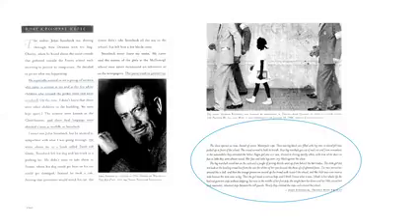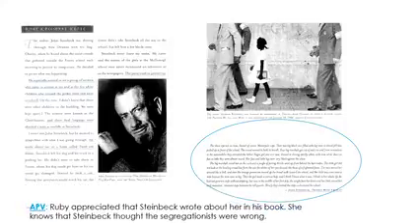So I think when we think about all of this, and we think about that juicy caption that we read, that excerpt from Travels with Charlie, I think that Ruby feels that John Steinbeck actually empathized with her and cared about her. So Ruby appreciated that Steinbeck wrote about her in his book. And she knows that Steinbeck thought the segregationists were wrong.